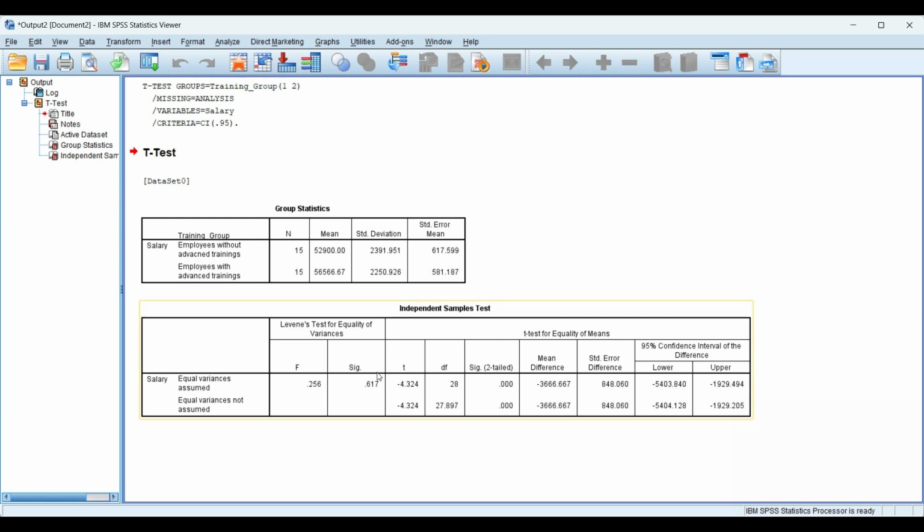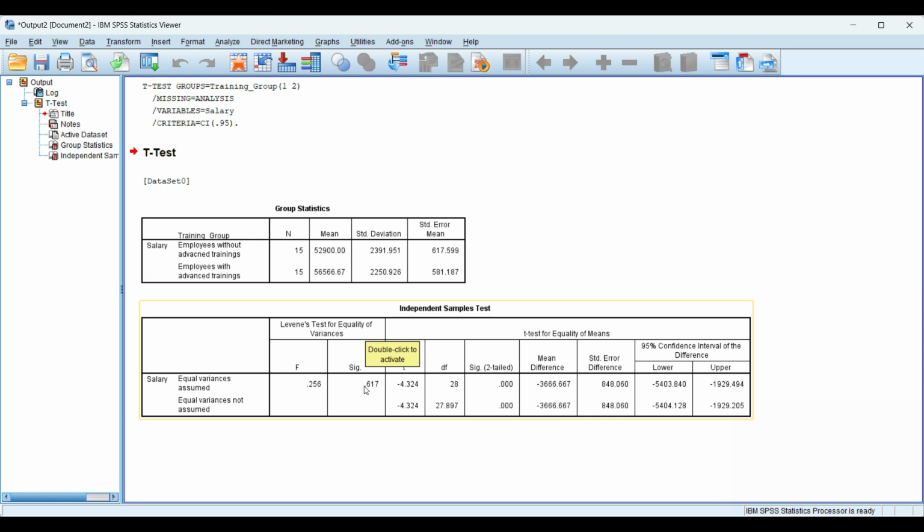Okay, you can see here, first of all, the Levene test for equality of variances. Always examine the Levene test before choosing the correct t-test row. In our example, you can see the Levene significance level is 0.617.